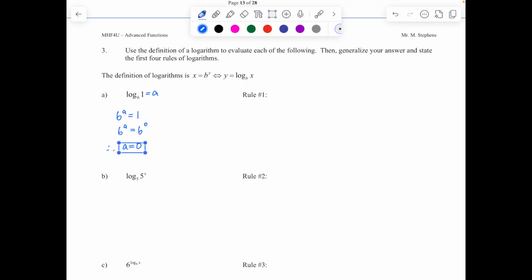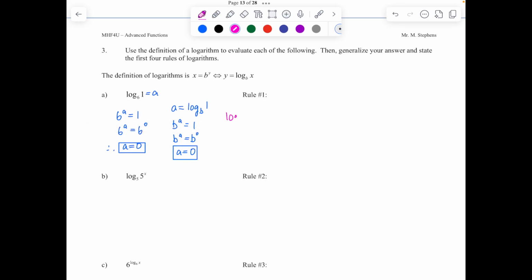But further to this, if I had a equals log of any base b of 1, this would simplify to b to the power of a equals 1, b to the power of a equals b to the 0, and a equals 0. So regardless of base, this is always true.